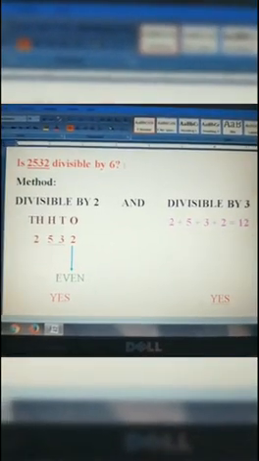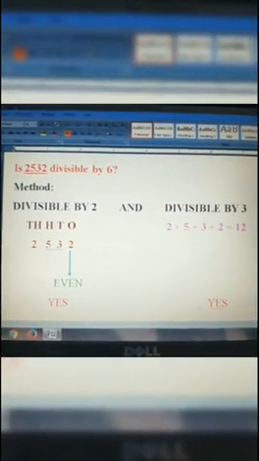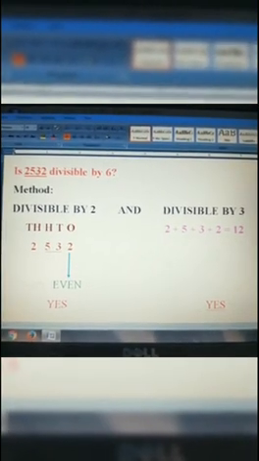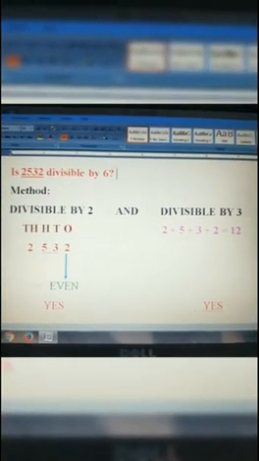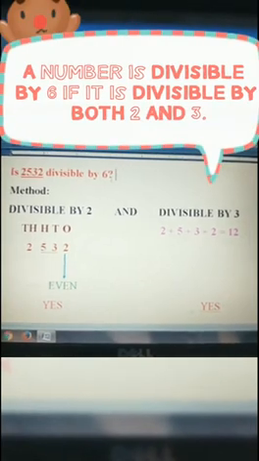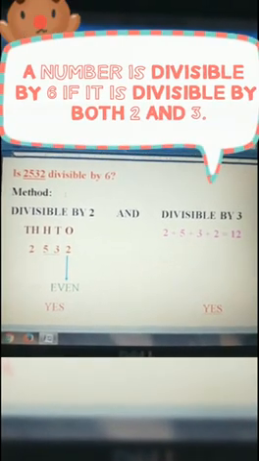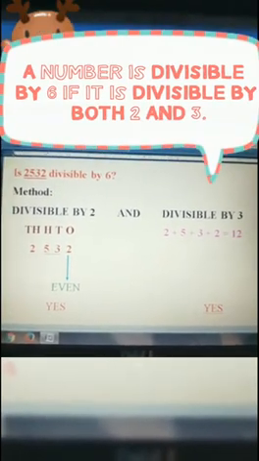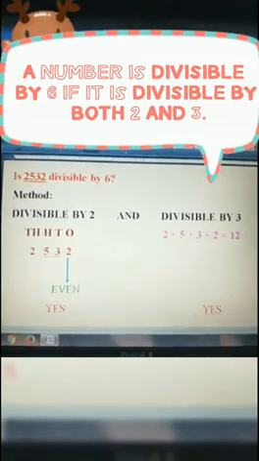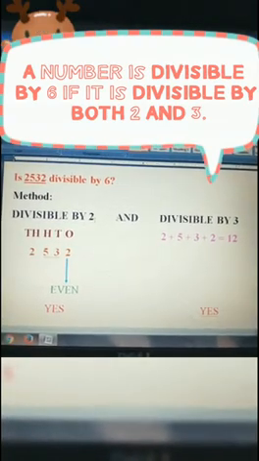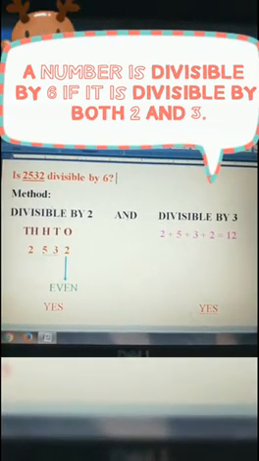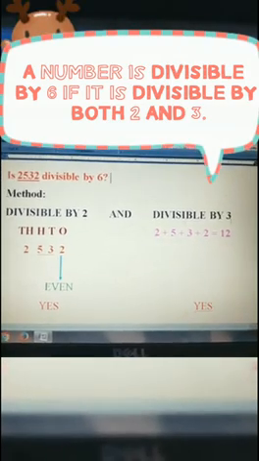Okay, here you can see our question: is 2532 divisible by 6 or not? So for this, the method is the number 2532 has to be divisible by 2 and also by 3.